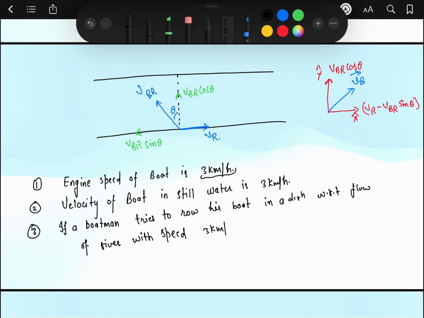Let us pause. In this statement also, what is the actual meaning of this 3 kilometer per hour?